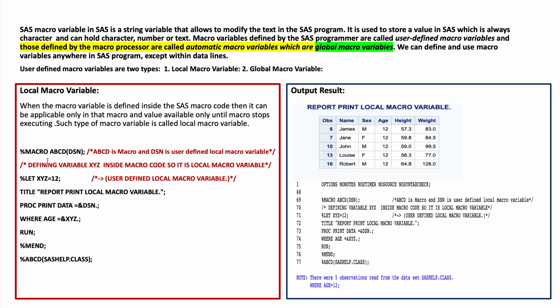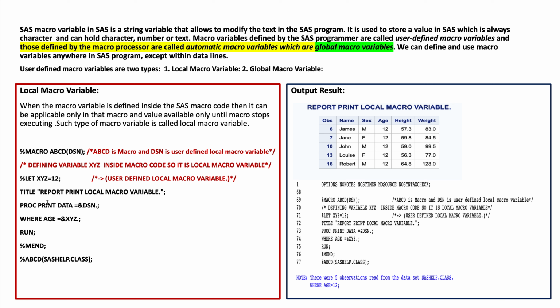A sample code is given here. %macro ABCD, where ABCD is the macro name. A user-defined local macro variable DSN is used, and another local macro variable XYZ is created with the help of %let: %let XYZ=12. That means the local macro variables are defined inside the macro, and we are going to print a report.